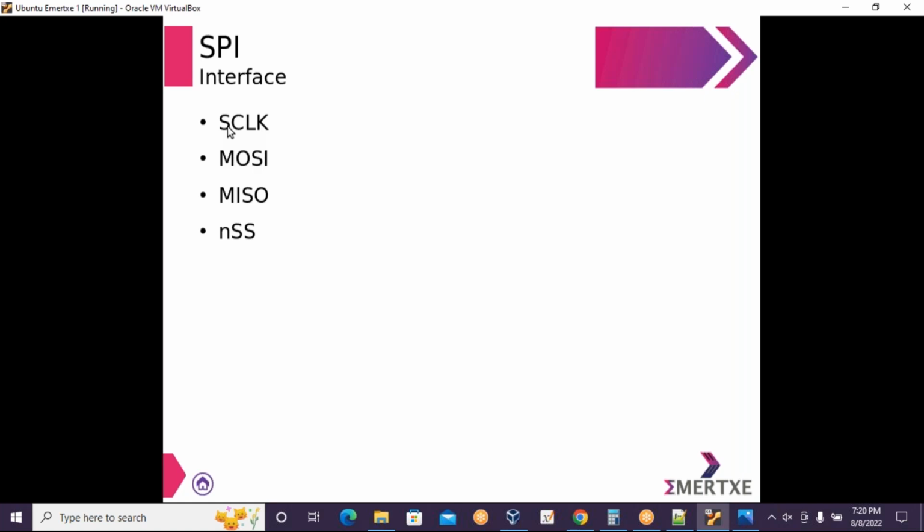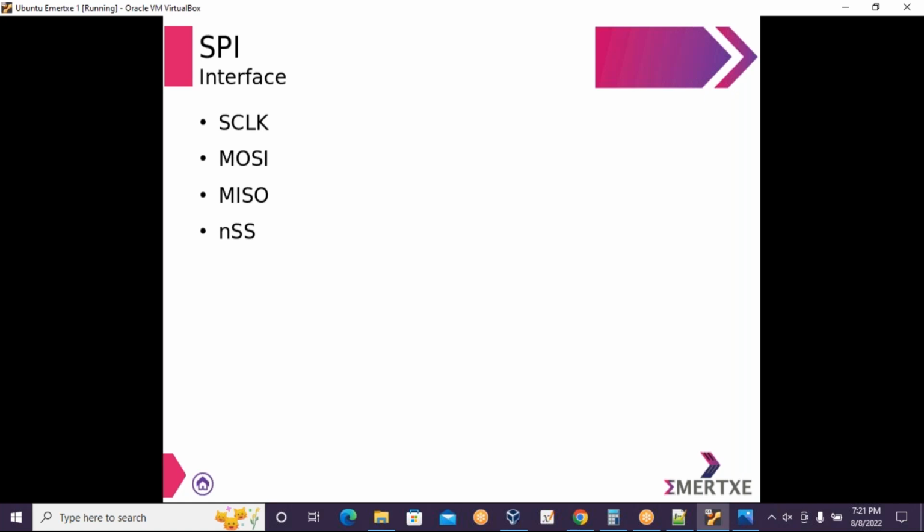The other two are the data lines, MOSI and MISO, and NSS is the slave select line. MOSI stands for master out, slave in. MISO stands for master in, slave out. And NSS is the slave select line for the multiple slaves present in the given communication.